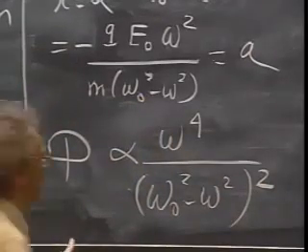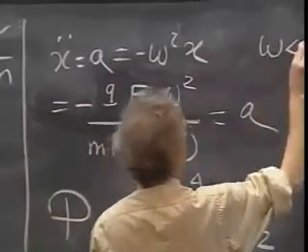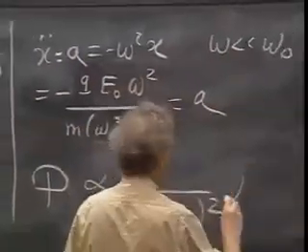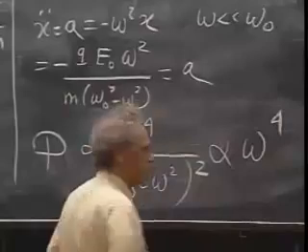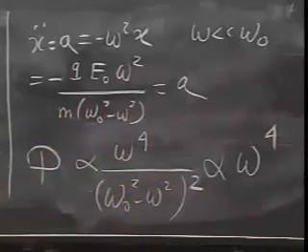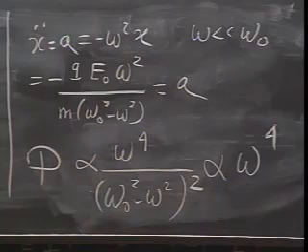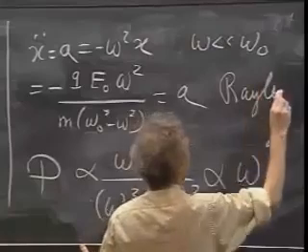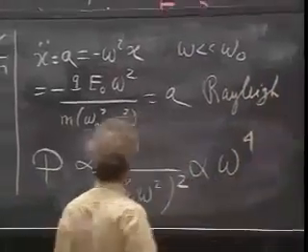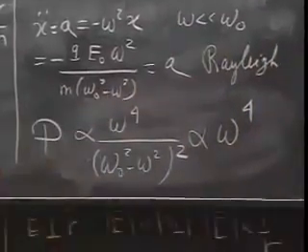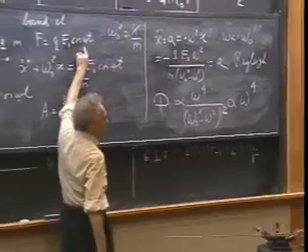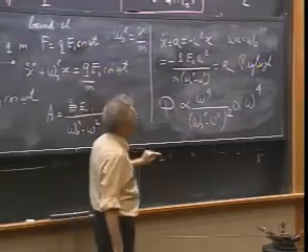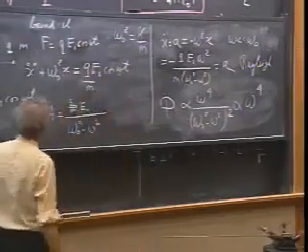And now, if omega is way below resonance, this is proportional to omega to the fourth. And that's a very famous result, which is known in the literature as Rayleigh scattering. The reason why we call it scattering is that you must understand that the radiation that comes in has this frequency, but the radiation that comes out has exactly the same frequency.